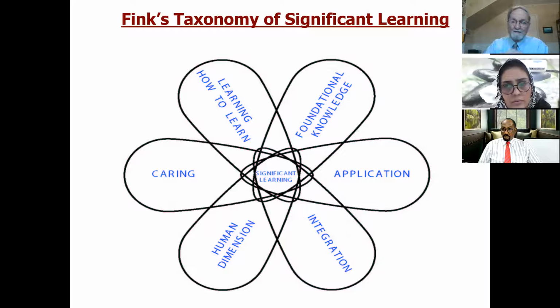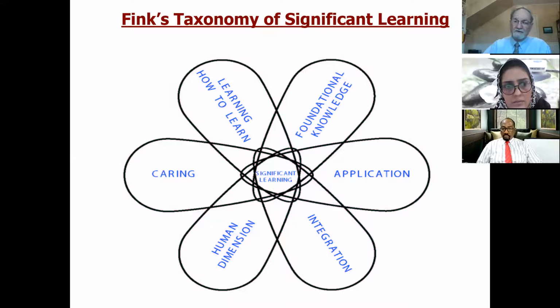If I care about something and get excited about it and come to believe it's important, that will motivate me to learn how to do the application, maybe the integration of foundational knowledge. If I do all of those things, then I might go up to the top left-hand corner and say, wow, this is really important knowledge. I want to learn more. So let me learn how to learn more. And the teacher helps them with that.